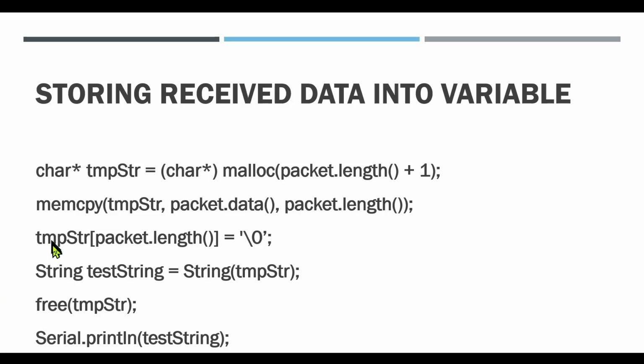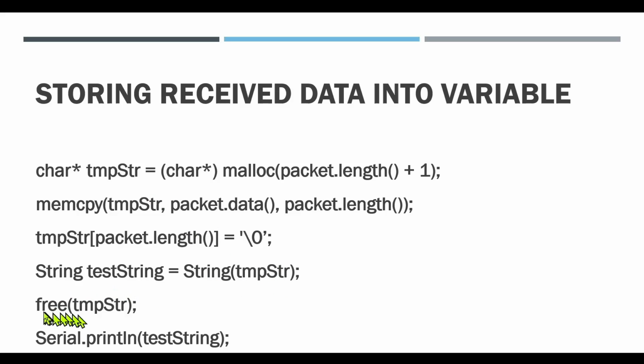Then we are adding this command. I have not built this command; I have only searched the net and used these commands. Then this is being stored into a string, the text string, and this text string is coming from tmpStr, the character array converted into a string.